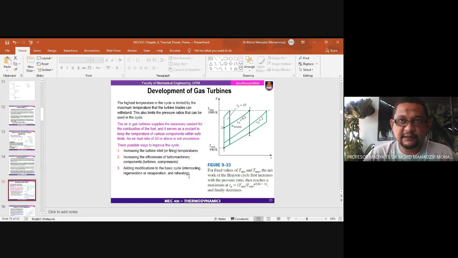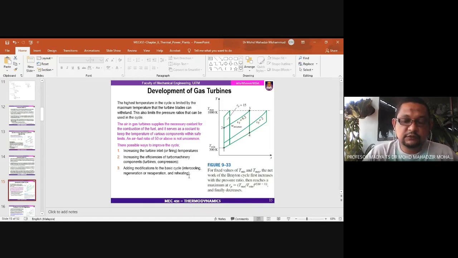The first one is the ideal cycle, but when you want to improve this gas turbine cycle, number one, you can increase the turbine inlet or firing temperature, because the combustion chamber itself can sustain a high temperature. So to make it more powerful, you can increase the turbine inlet or firing temperature.